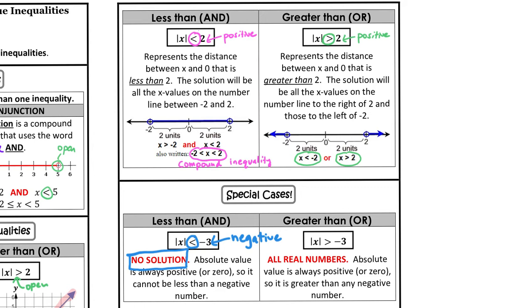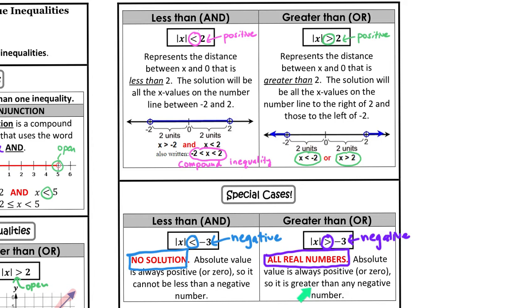And so the last situation, I'll use purple just to kind of mix up the colors. If I have greater than a negative number, then my answer is all real numbers. Because it's saying, what numbers are, the absolute value is always positive again.